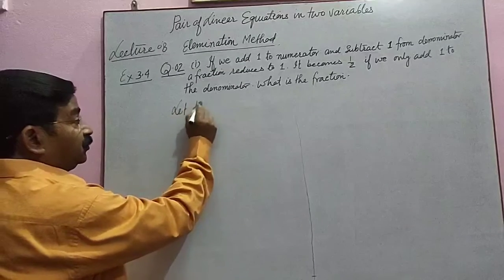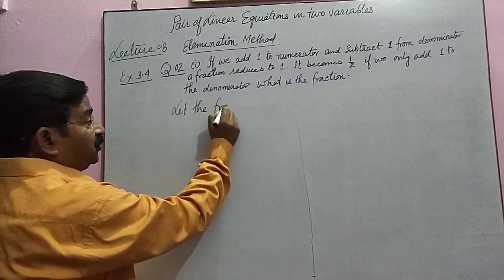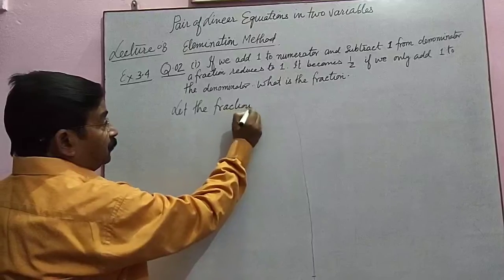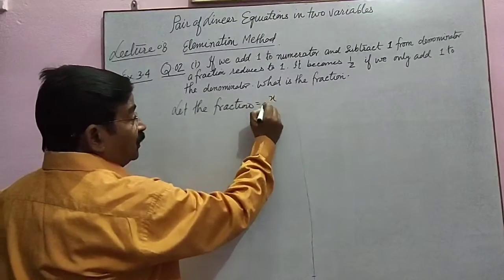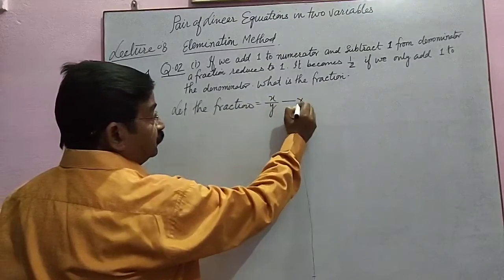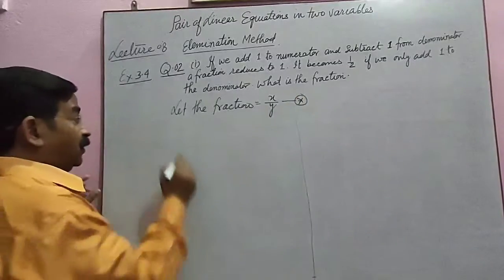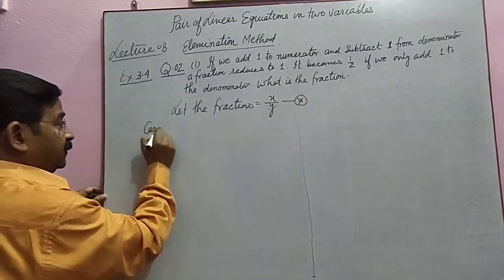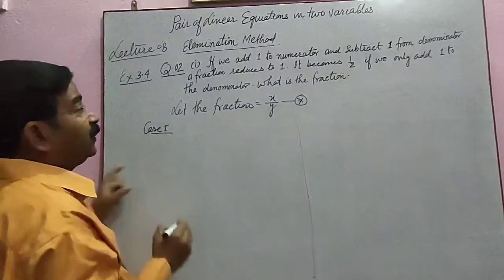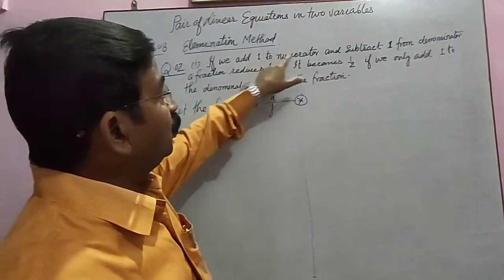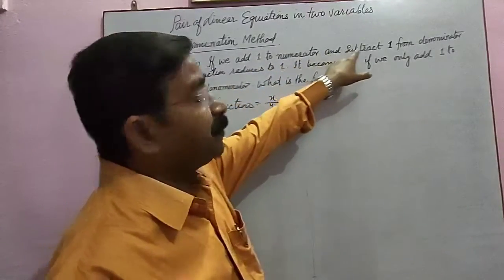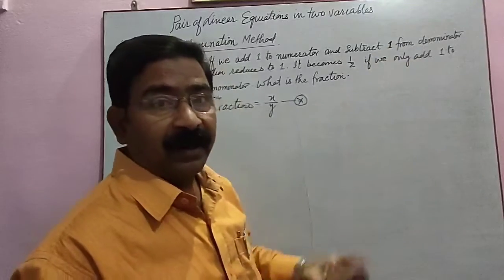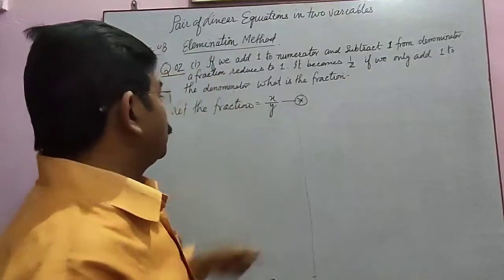Let the fraction is equal to x upon y. Now in the first case, what is given? If we add 1 to the numerator and subtract 1 from the denominator, it becomes, or reduces to, 1.